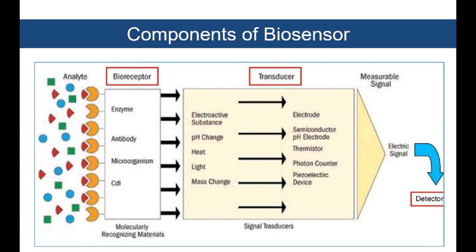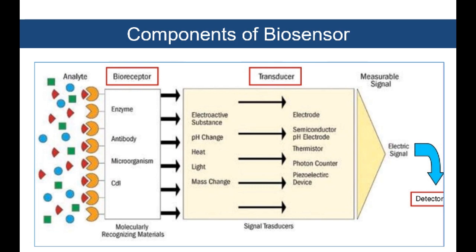Below the bioreceptor you can see the molecular recognition material in that block, and in it we can clearly see some names written: enzyme, antibody, microorganism, CDL, etc.